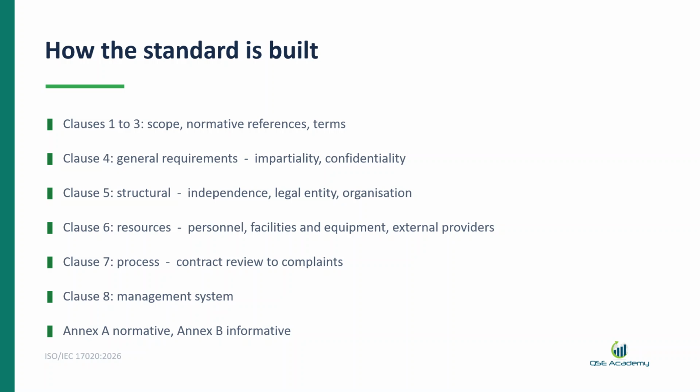Clause 7 is process, and it is the biggest one. Contract review, methods, handling of items, records, control of data, reports, appeals, and complaints. Clause 8 is the management system, then Annex A, which is normative, so it is a requirement, and Annex B, which is informative. Know which annex is which. That single distinction catches people out.